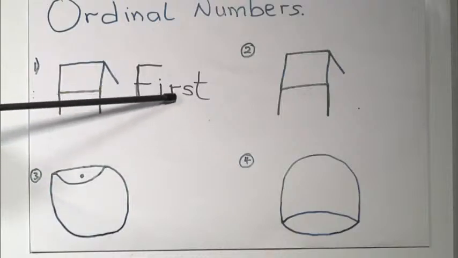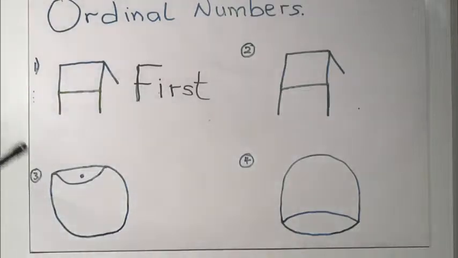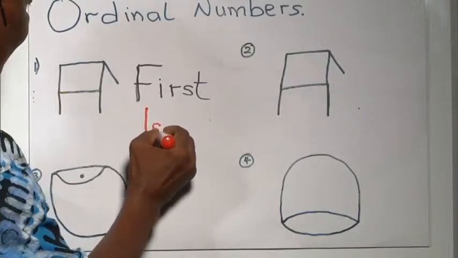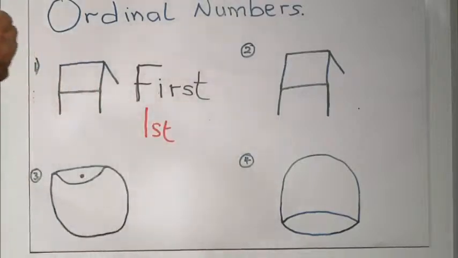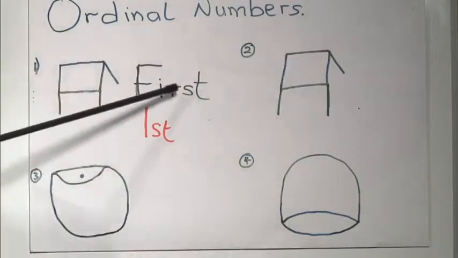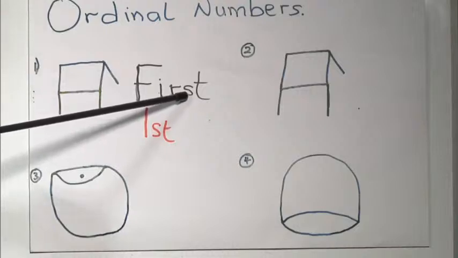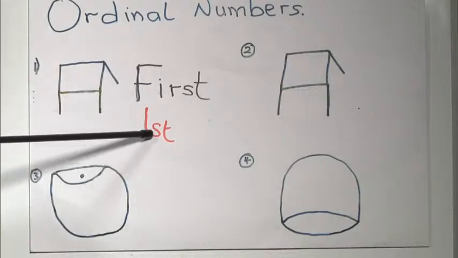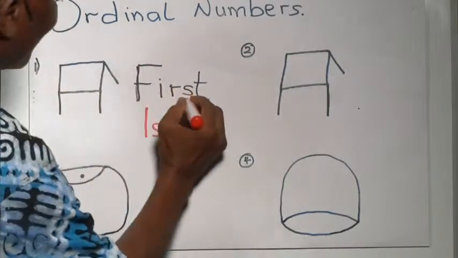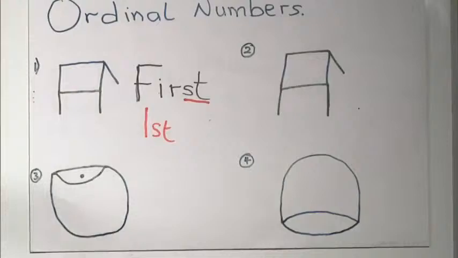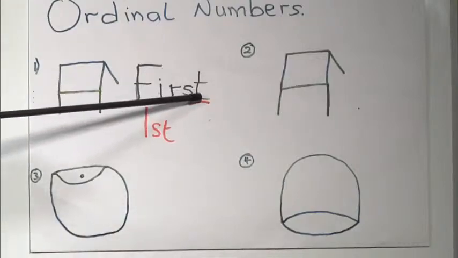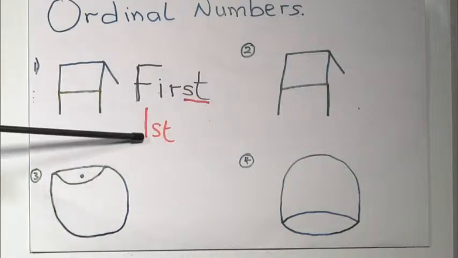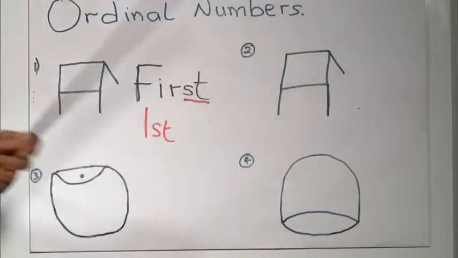This is how we spell first, but we write it as 1st. You see, the last two letters of the word first, ST, is attached to one. That makes it an ordinal number.